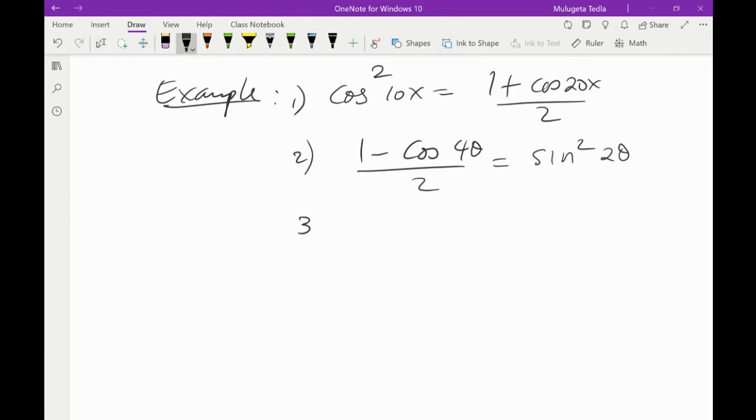Sometimes they might give you, what is 1 plus cos 2x? Imagine if there was a 2 here, you would have said what?